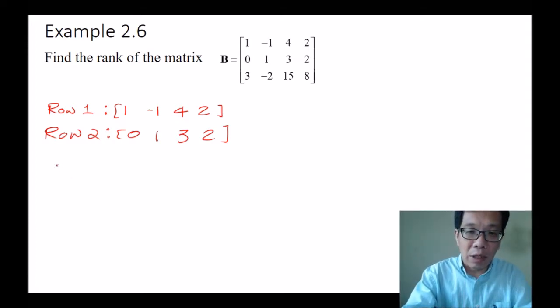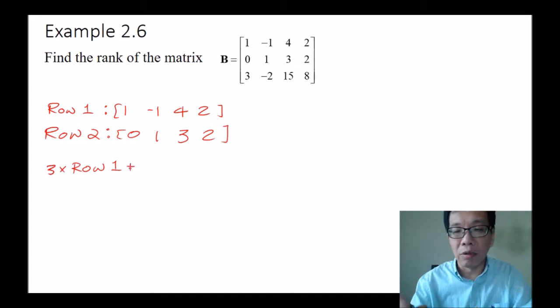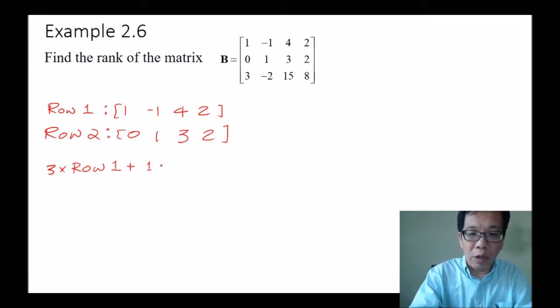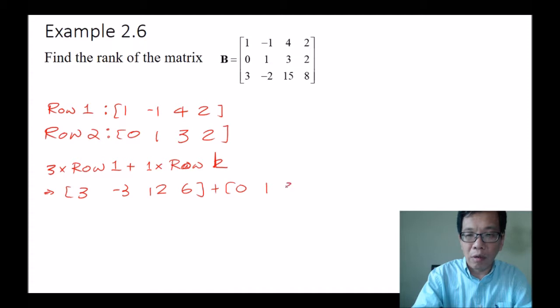Okay, let's do it. If we have 3 multiplied by row 1, that will lead to 3, -3, 12, and 6. If we do that and add 1 multiplied by row 2, we have 3, -3, 12, 6 plus 0, 1, 3, 2.